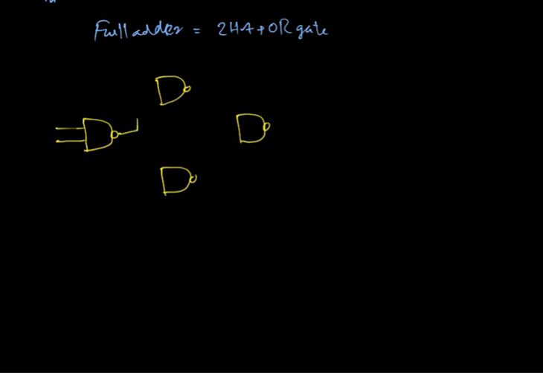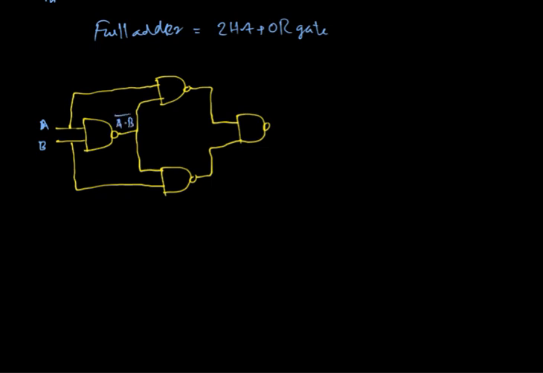And it is almost exactly like a half adder. This is exactly a half adder. So if you give the inputs A and B here, here it will be A and B complement.